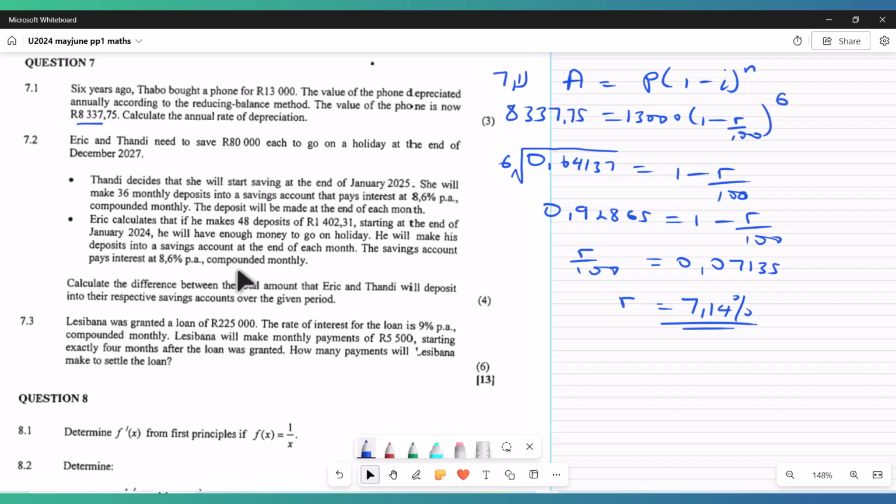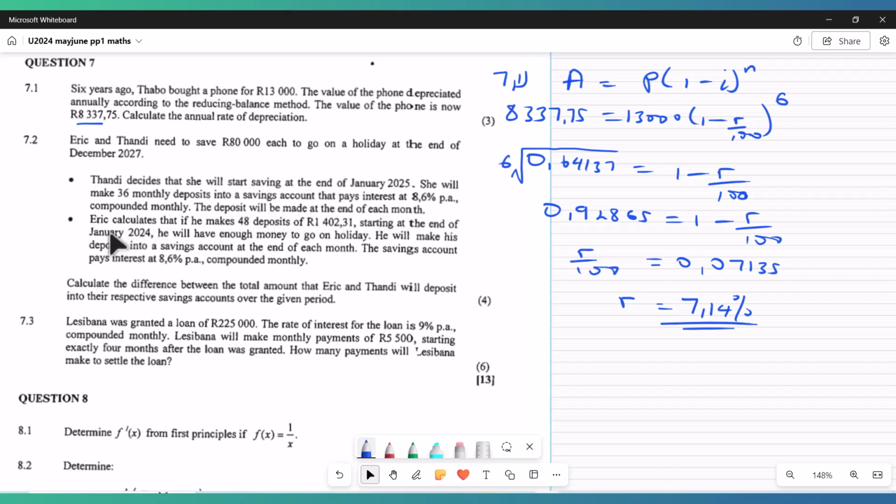I repeat, we have two people here. Eric and Tandy need to save 80,000 each to go on a holiday at the end of December 2024. Tandy decides that she will start saving at the end of January 2025. She will make 36 monthly deposits into a savings account that pays interest at 8.6% per annum compounded monthly. The deposit will be made at the end of each month, okay?